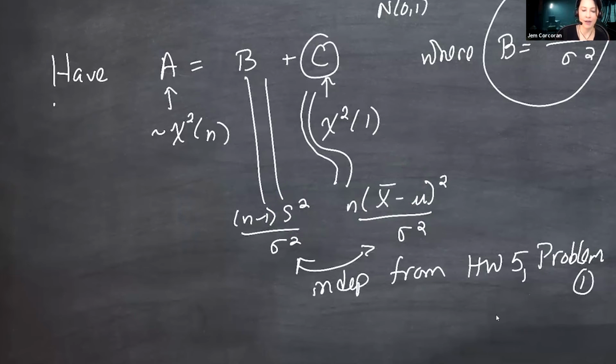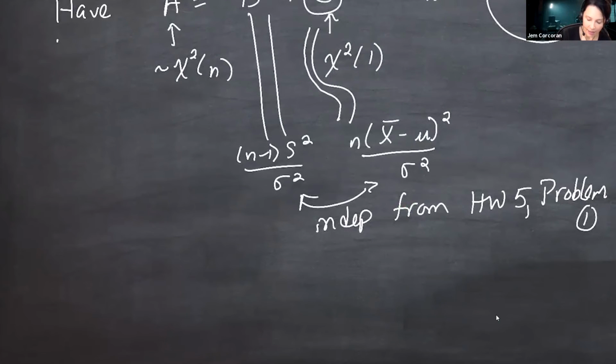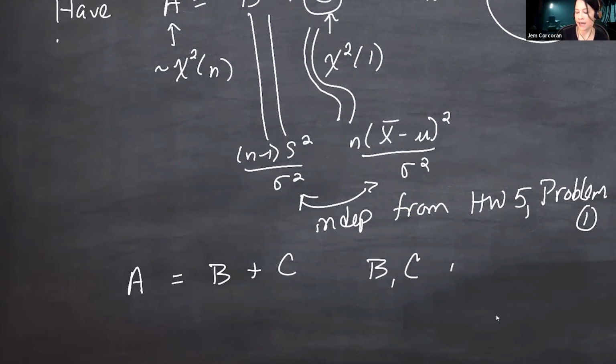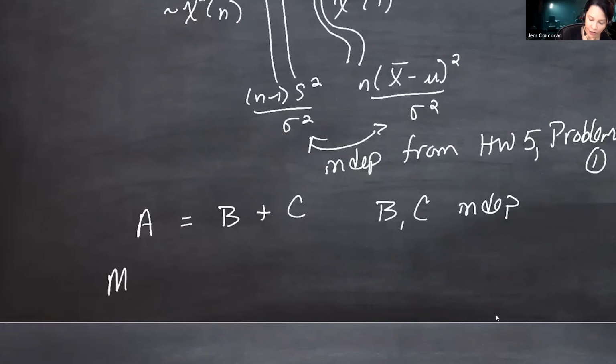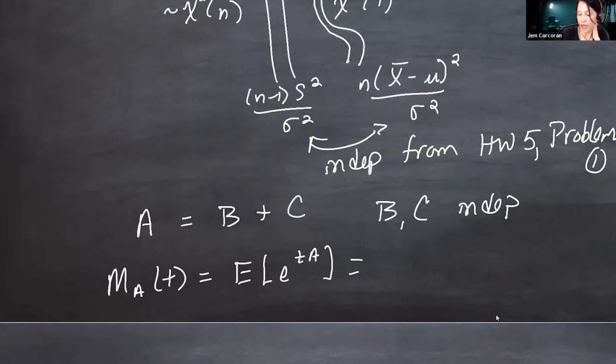So check this out. I've got A equals B plus C. I've got B and C independent. And so the moment generating function of A is equal to the moment generating function of B plus C. And by independence, if you need to, write this out, but it's kind of what we've been doing all along. This is the expected value of e to the tA.